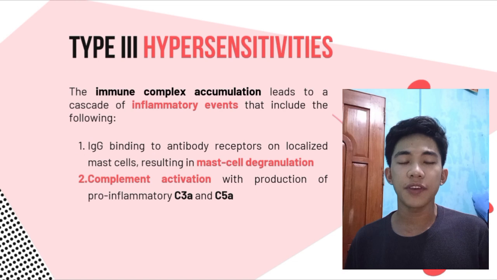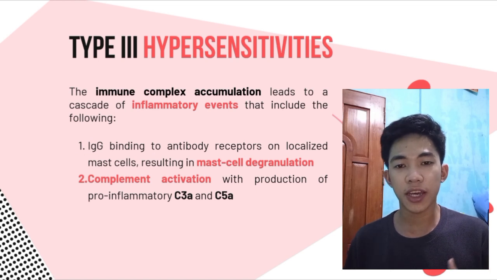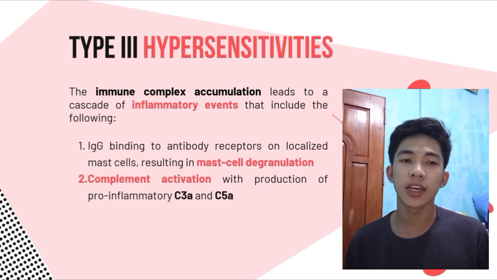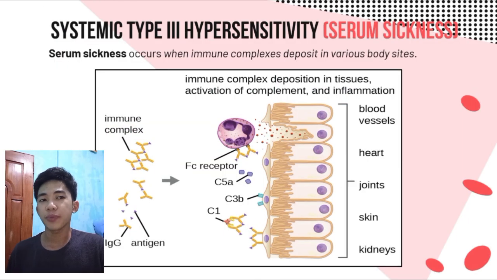And C5a recruits the effector cells, or immune cells that fight off harmful substances in our body, like macrophages and neutrophils.